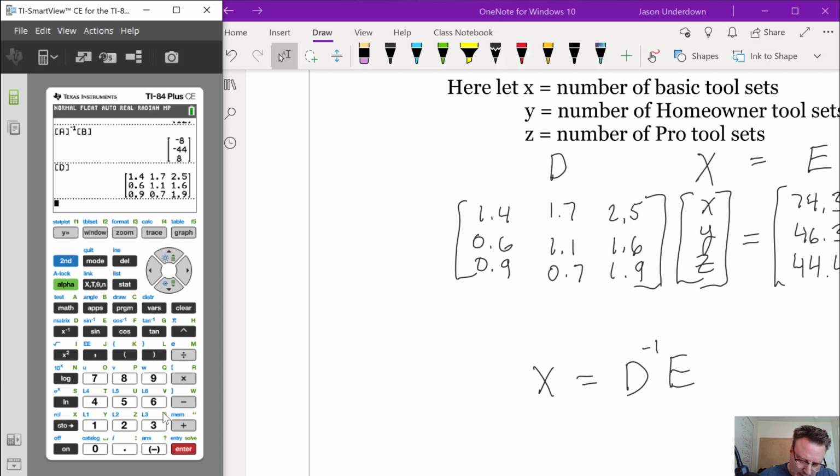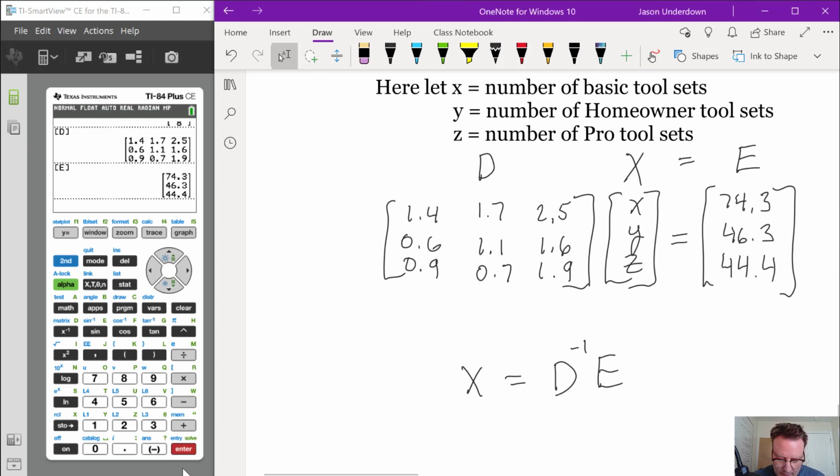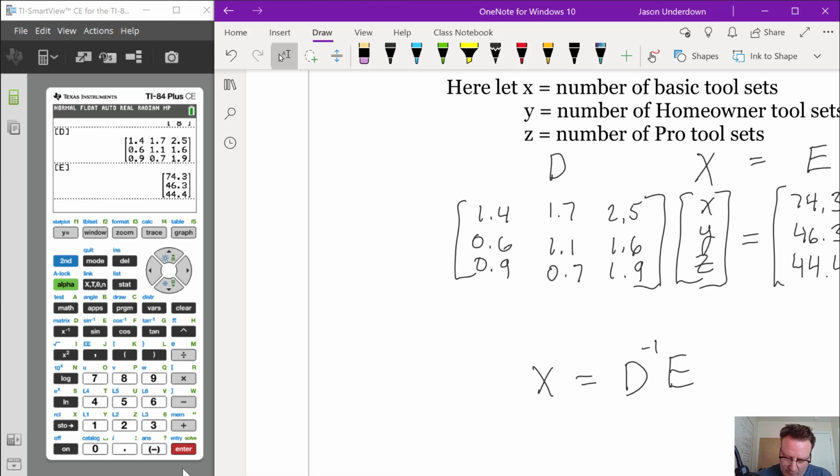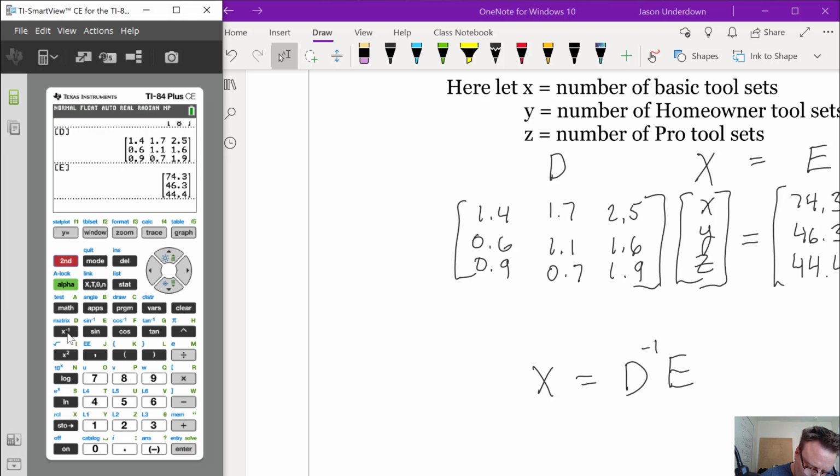And then the E matrix, yeah, it has 74.3, 46.3, and 44.4. This is correct. Okay, so then we just need to compute D inverse times E. So I'm going to recall the D matrix, raise it to the -1 power, multiply it by E. And there we go.